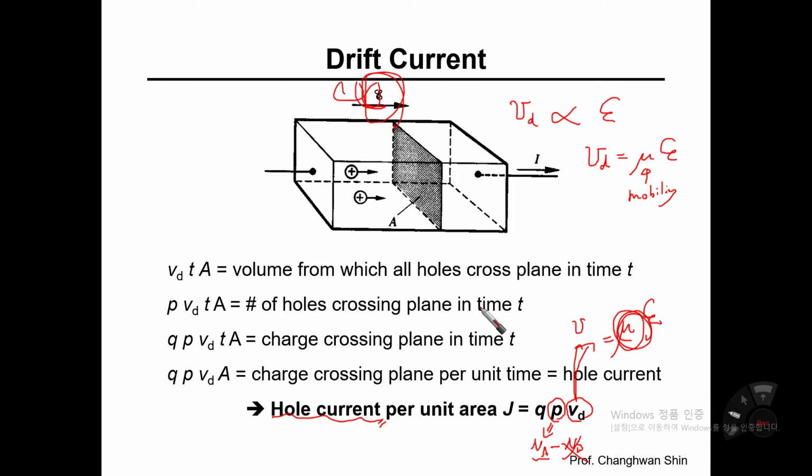So all the concepts that we have learned, mobility, doping concentration, and even within mobility, the mobility was defined as Q times tau divided by the effective mass. So what is tau? Average scattering time between two collision events, right?